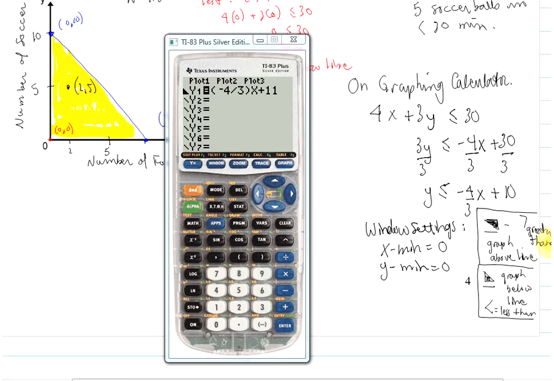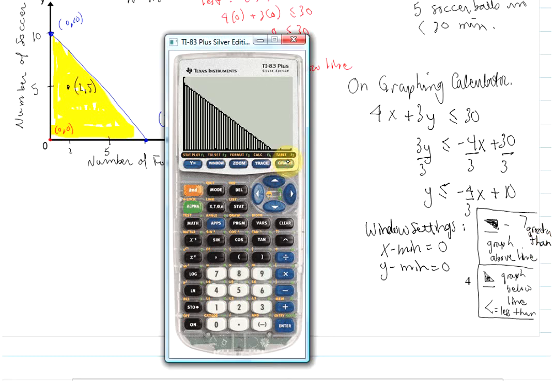So we want to choose this one, and we hit graph, and this is what you get. So you can see it looks very similar to what we have over on the left. Your region is shaded below the line, and we're done. That's it. There's nothing more to it.